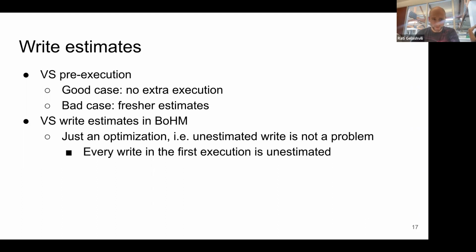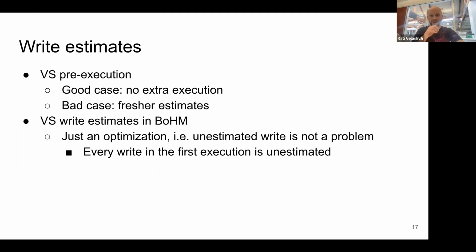What we do notice is that in the pre-execution paradigm, you execute every transaction at least twice. For us, in the good case where things are not aborting, it's executed just once.